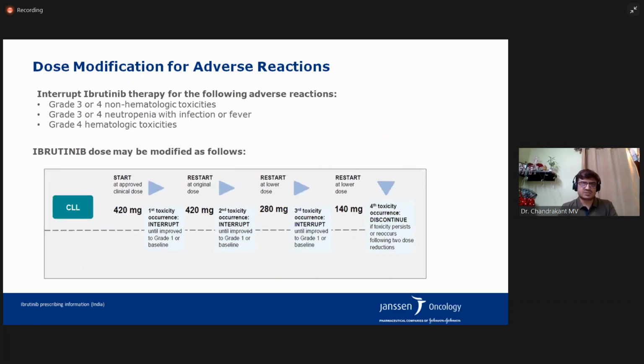So these are the dose modifications. What is important is that grade 3 non-hematological toxicities become quite important. Others like grade 3-4 neutropenia with infection or fever, and grade 4 hematological toxicities, are all important. You can see the way the dose reduction is. You can go down to 140 milligram once a day and even 70 milligram, which I will be showing.